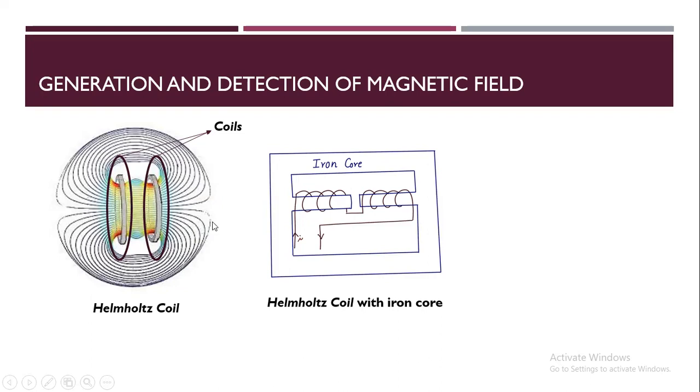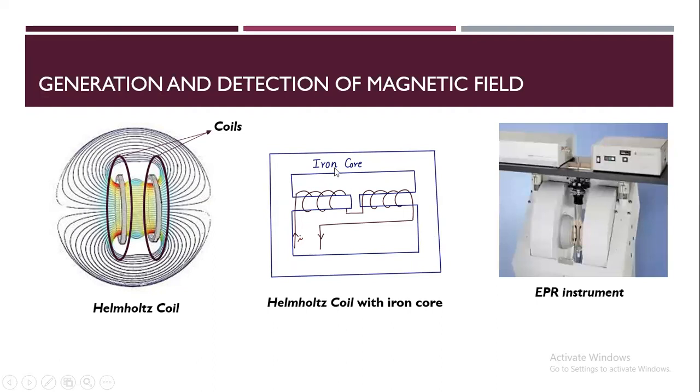To increase the magnetic field strength and the uniformity, we use a soft iron core inside these coils. The ratio of the dimensions of this core is not correct in the drawing; these two rectangles should actually be of equal dimension. The magnetic lines should be going through these iron cores. The structure should be like this.